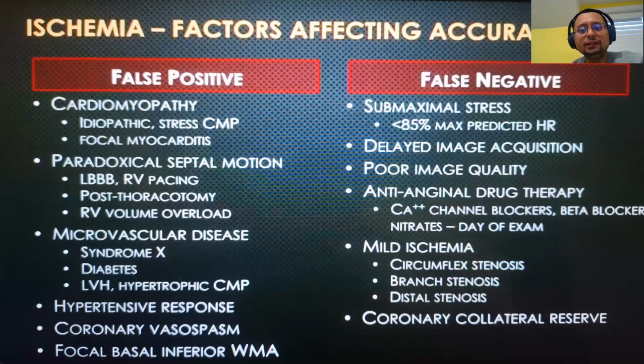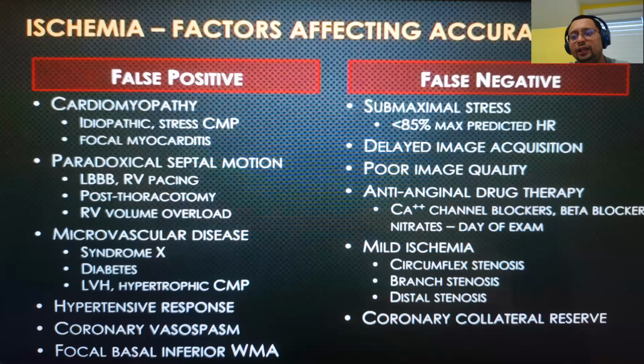These are the factors that affect the accuracy of stress echocardiogram. You can have false positives because of cardiomyopathy, paroxysmal septal motion, or even microvascular disease. Remember, a positive dobutamine stress echo gives worse prognosis, regardless of whether you have epicardial coronary artery stenosis or not.